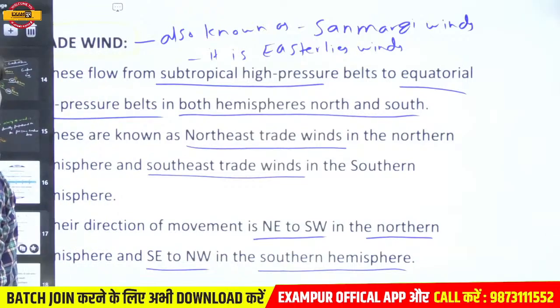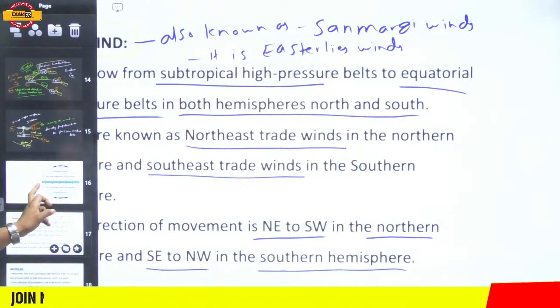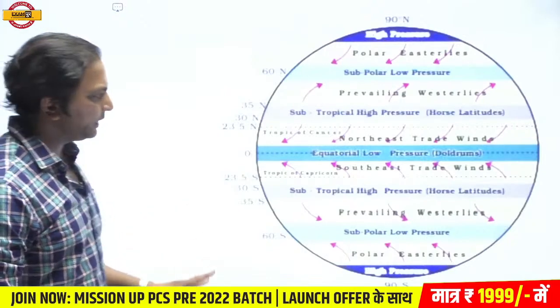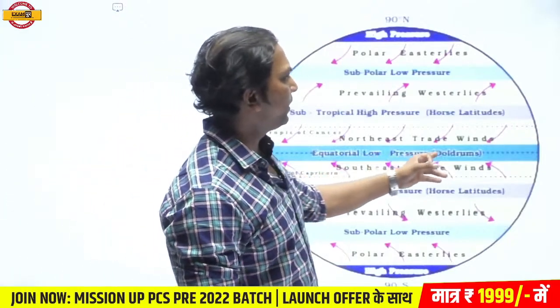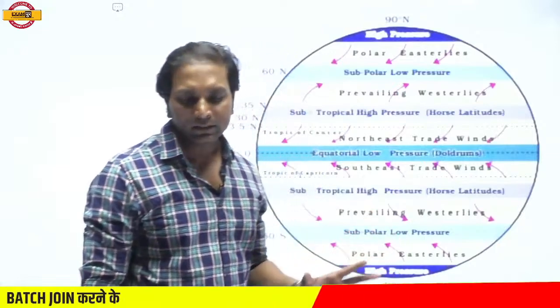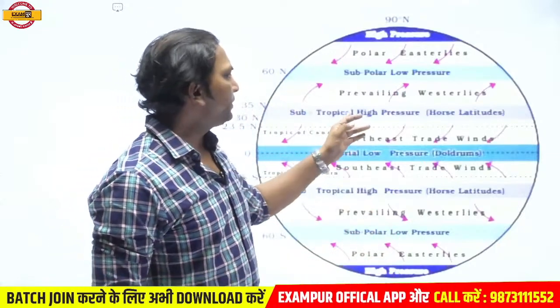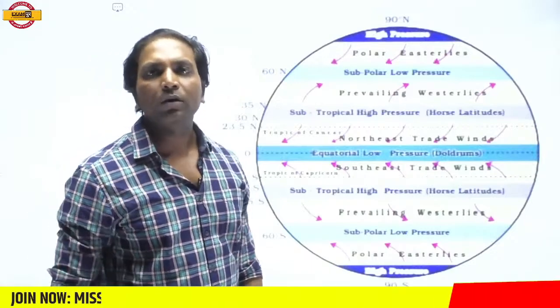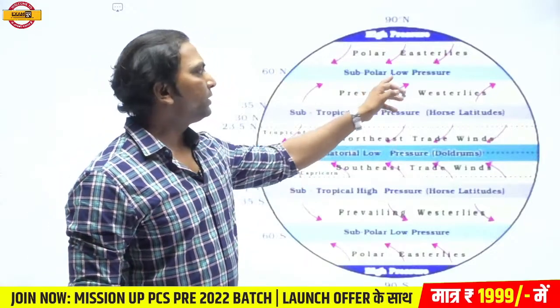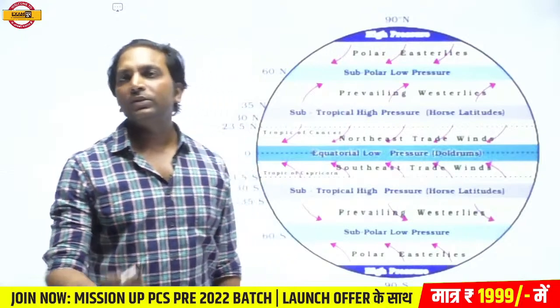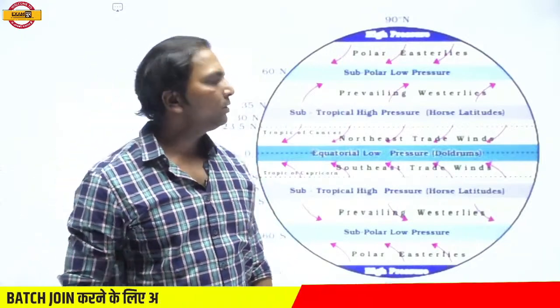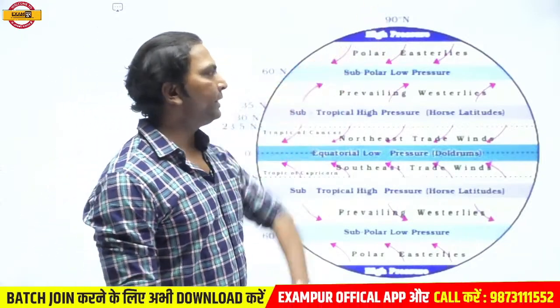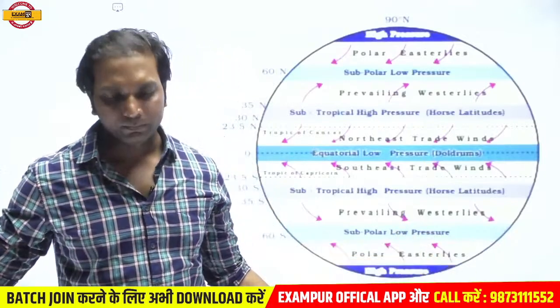Next we are coming to this picture. You can see the equatorial low pressure doldrums or ITCZ zone. Then you can see the subtropical high pressure zone between 30 to 35 degrees north or south. There is a subpolar low pressure belt between 60 to 65 degrees north or south, and then at 80 to 90 degrees there is the high pressure zone of the polar region.